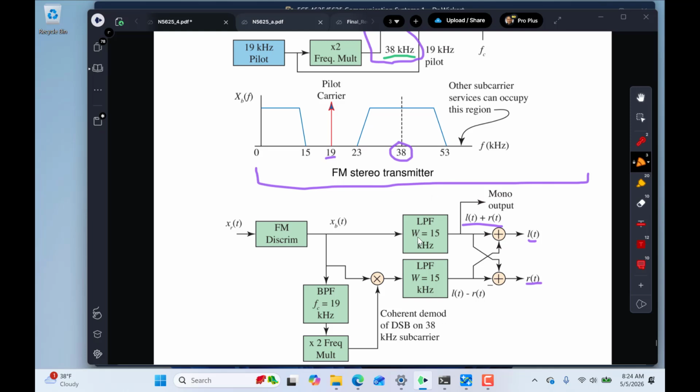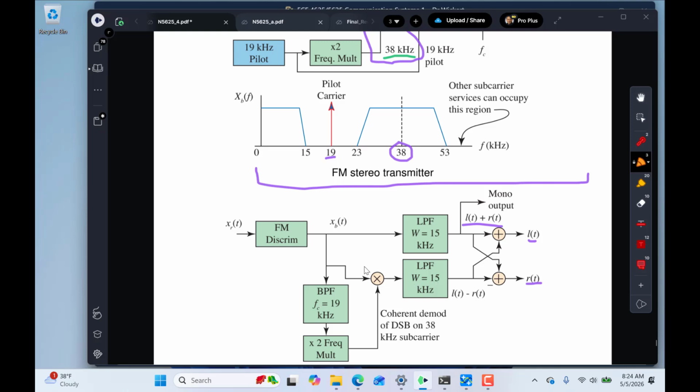And to get the left plus right, you just bandpass or low pass filter that at approximately the bandwidth of that part of the message. And then you take and use a phase lock loop or a narrow bandpass filter centered at 19 kilohertz. And then you double that frequency to 38, and that's phase coherent with the left minus right double sideband signal, and you can demodulate that.